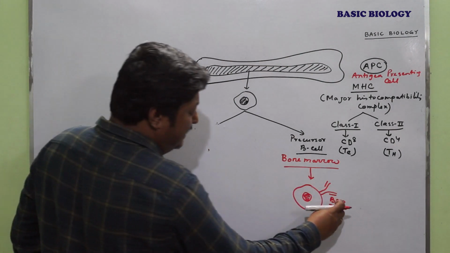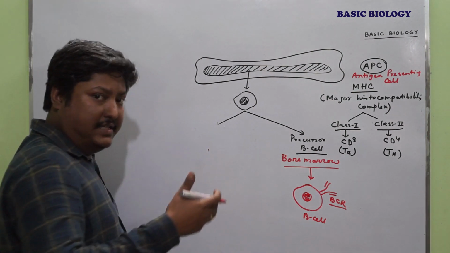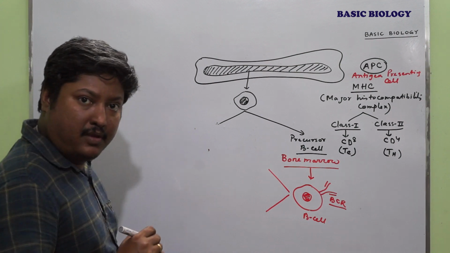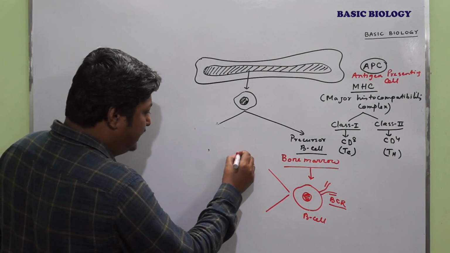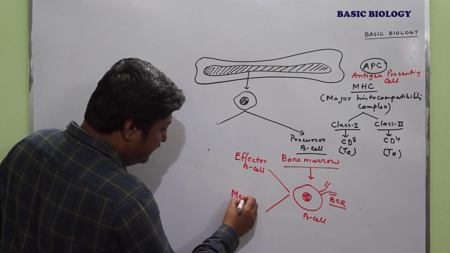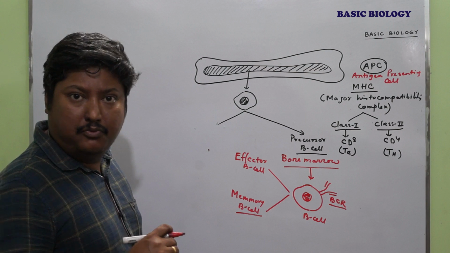Now this B cell, once it encounters a new antigen, differentiates into two kinds of cells. One is effector B cell and another is memory B cell. Immunologic memory is a unique property of the adaptive immune response.